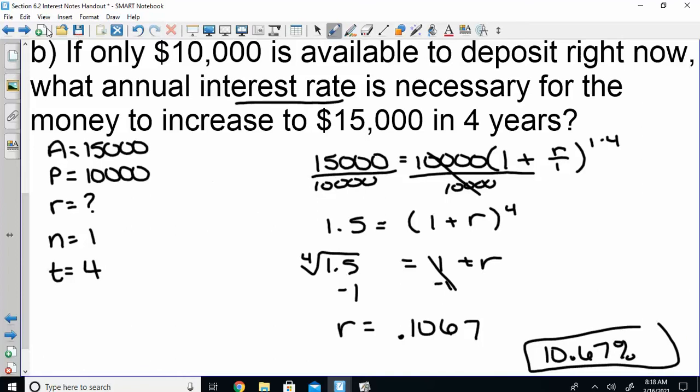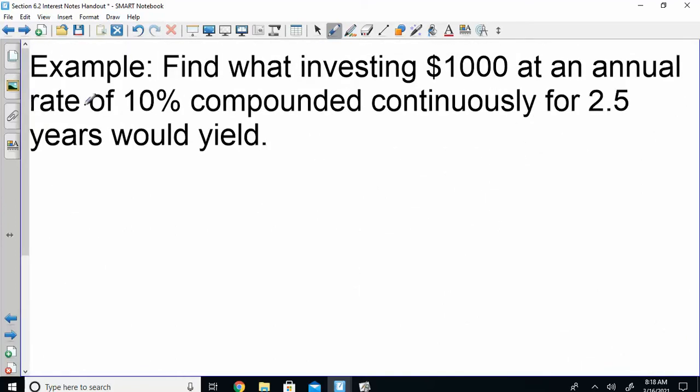I'm going to skip the next one on your handout for now. I want to go to this example. So it's the last example on that first page. Find what investing $1,000 at an annual rate of 10% compounded continuously. When you see that word continuously, what does that tell you? Yeah, we're using that second equation.